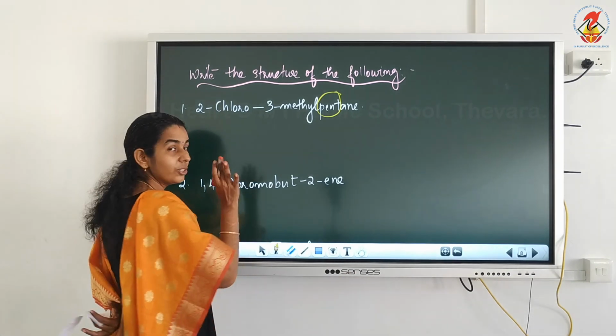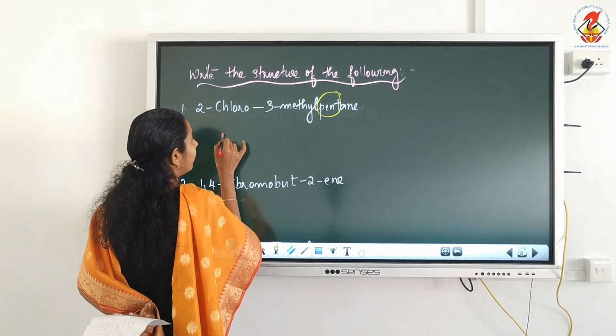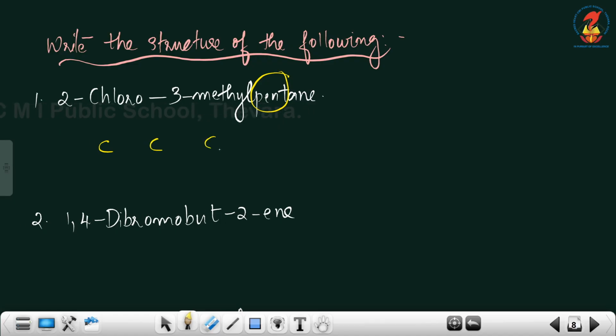Pent means it is not cyclopent, it is pent only, so draw 5 carbon atoms. And after drawing the carbon atoms according to the word root, give numbers continuously: 1, 2, 3, 4, 5.